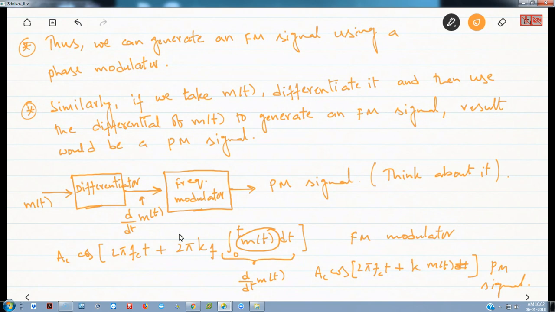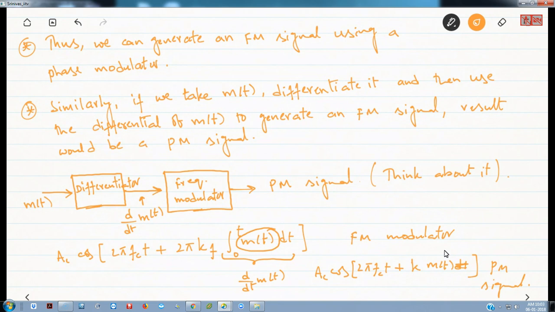I did this part a little bit fast, so make sure you understand it. This is a regular frequency modulator. But instead of applying m of t, we have applied d by dt of m of t. So this differential and this integral get cancelled, and finally you get the phase modulated signal.